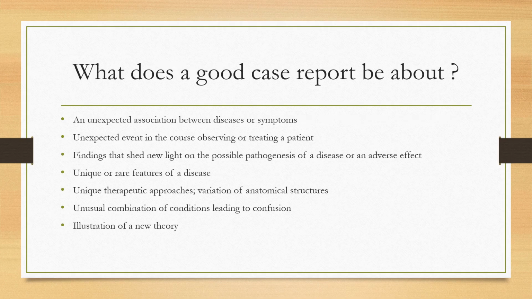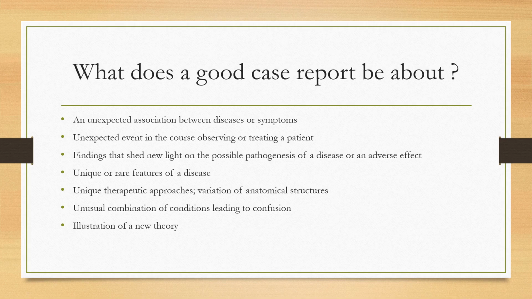So, what is a good case report all about? There are various entities that can be written as a case report. It could be an unexpected association between a disease or symptom.